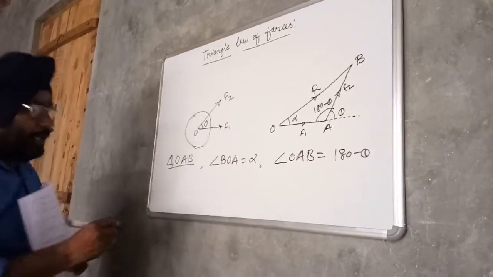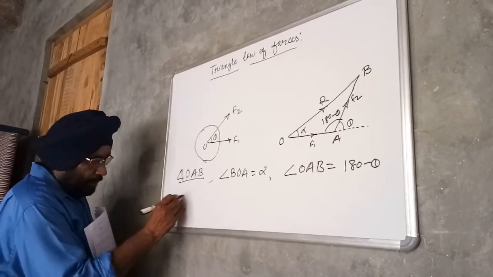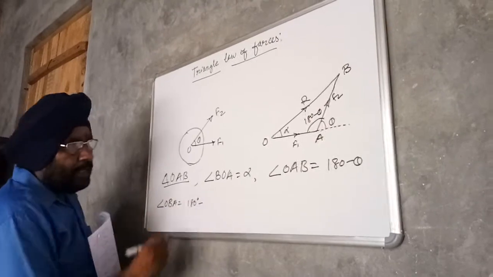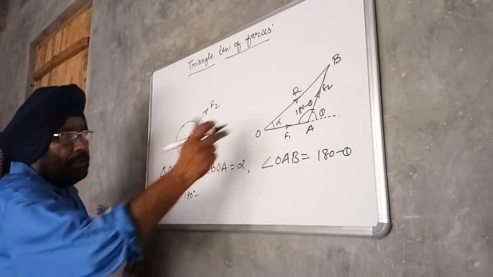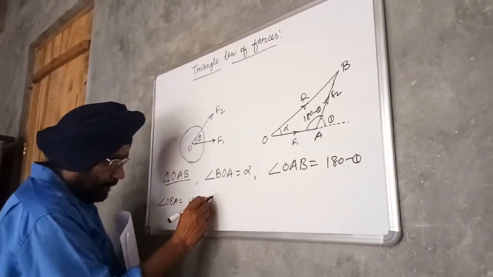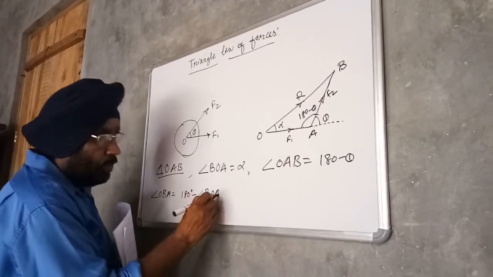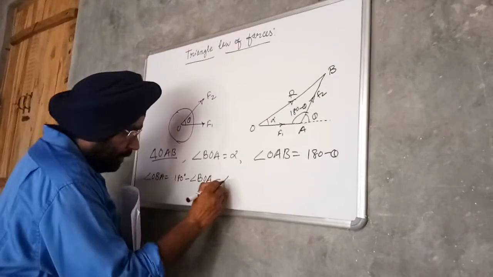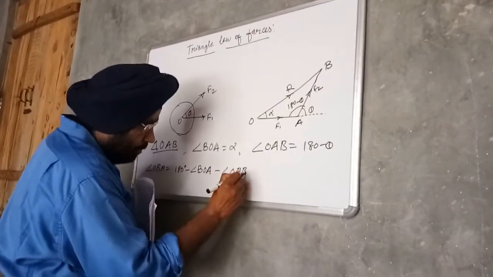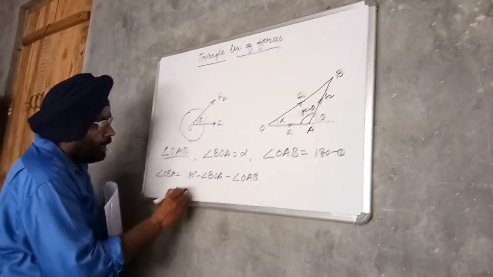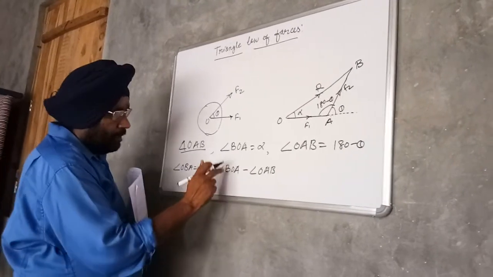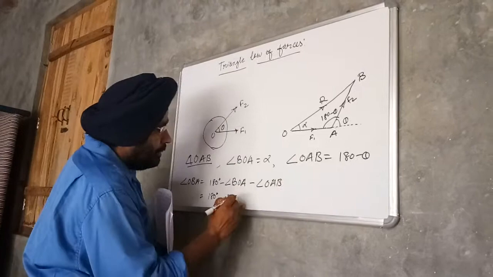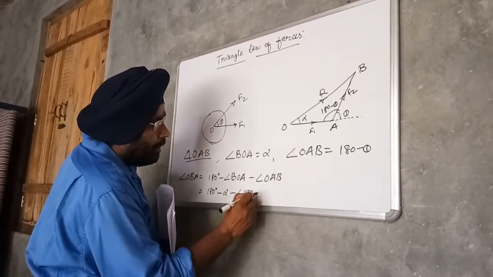Then angle OBA is equal to 180 degrees minus angle BOA minus angle OAB. Angle BOA is alpha, and angle OAB is 180 degrees minus theta.